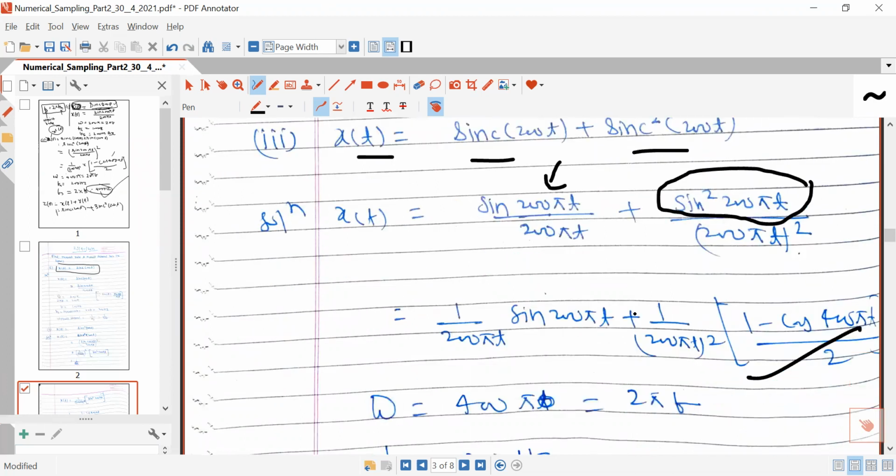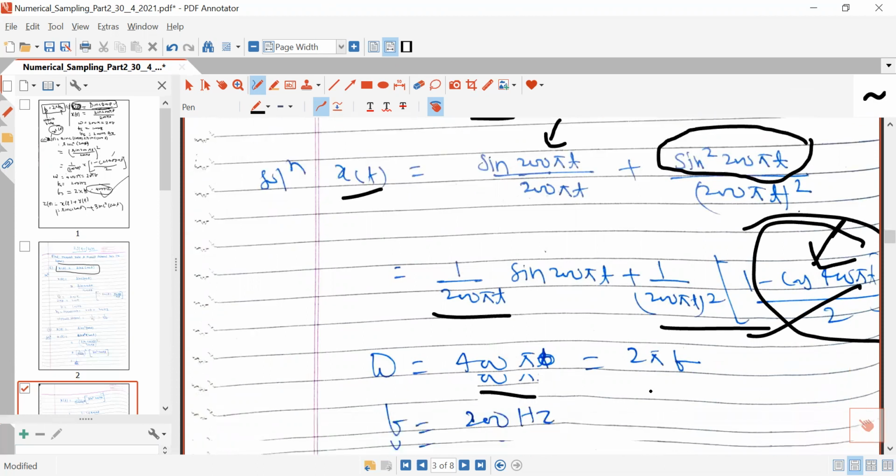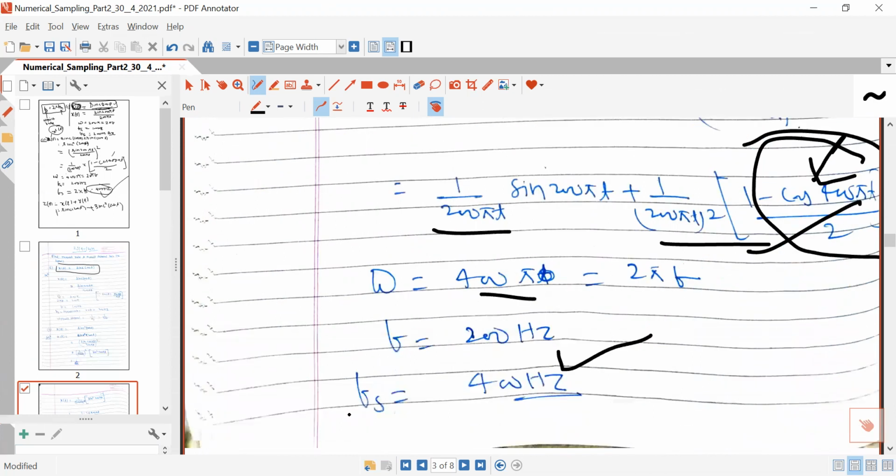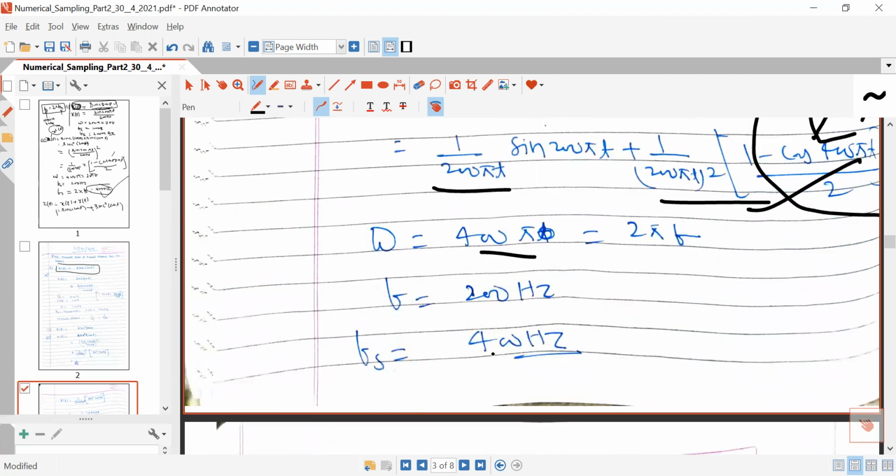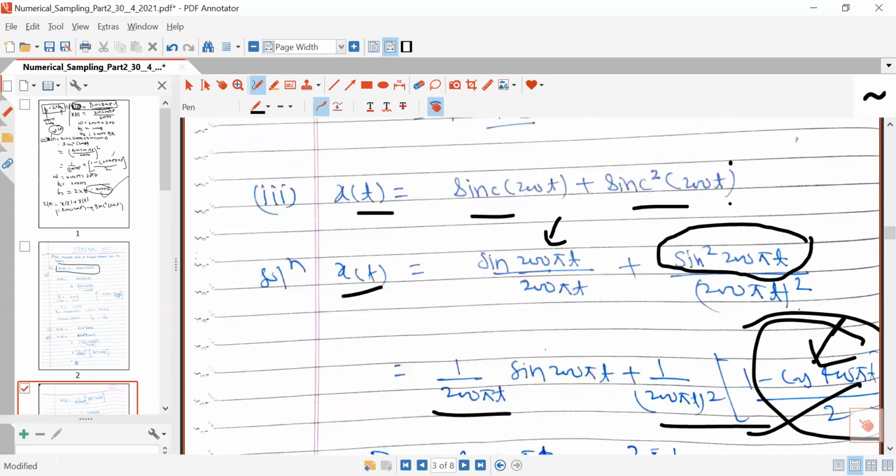This will be 1 minus cos 400 pi t by 2. And you can see this signal has two terms, and you will have to find the maximum frequency from this term. Here omega is 400 pi, so f will be 200 hertz. And according to the sampling theorem, the Nyquist rate will be 400 hertz, which is the same as the Nyquist rate of this signal. So such things you can analyze through practice.